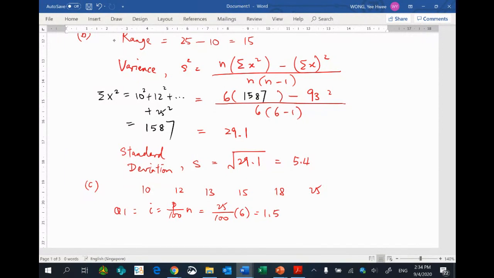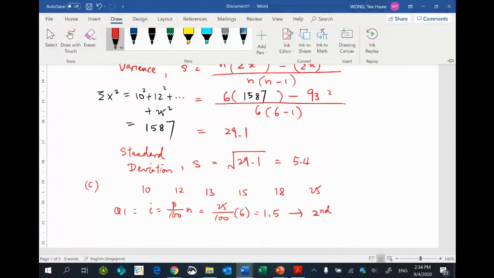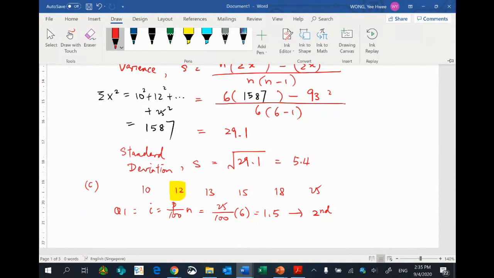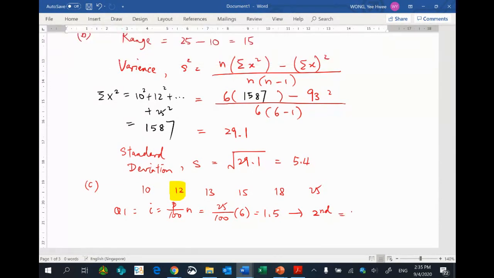So you don't get an integer, so you round up to 2. Okay, that means you're going to get the second position of the data. Where is the 2? So the second will be 12.